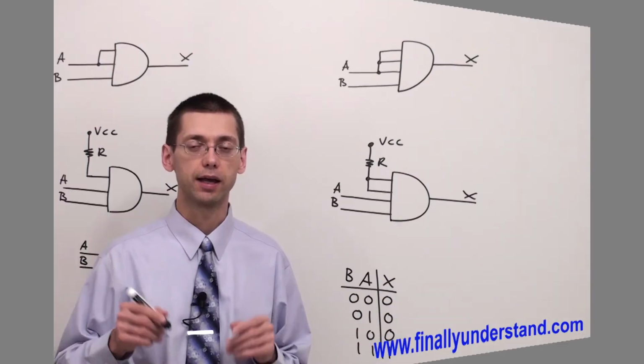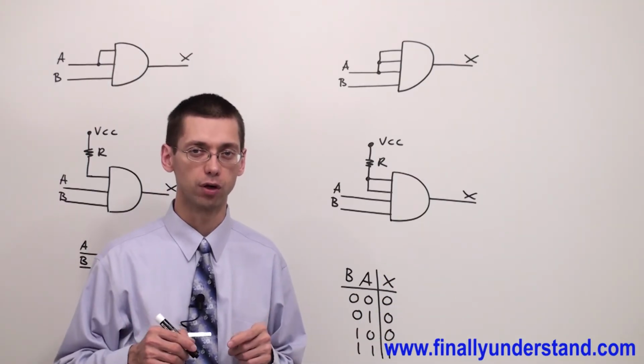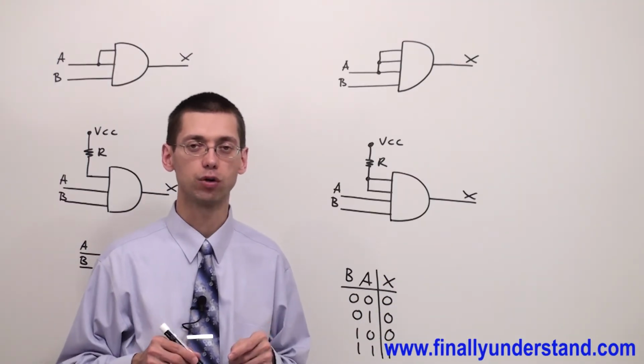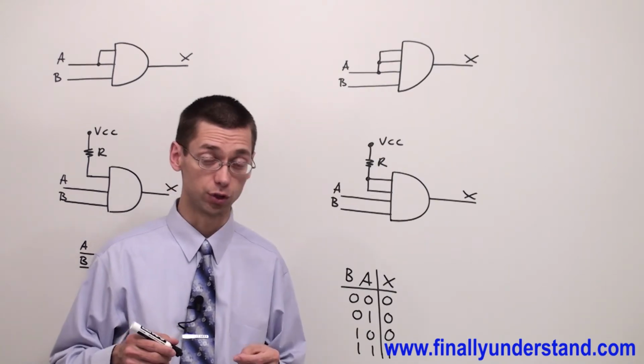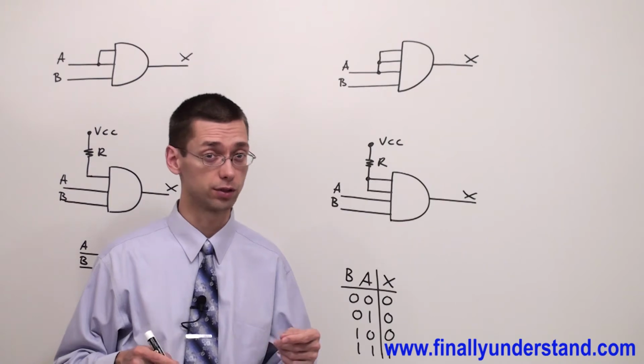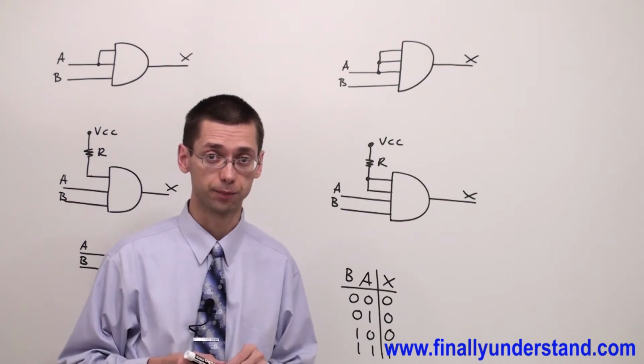Anytime we talk about digital logic circuits, we're supposed to keep in mind that every single input of any gate has to be connected somewhere. I mean, connected to VCC, to ground, or let's say to the output of another gate.